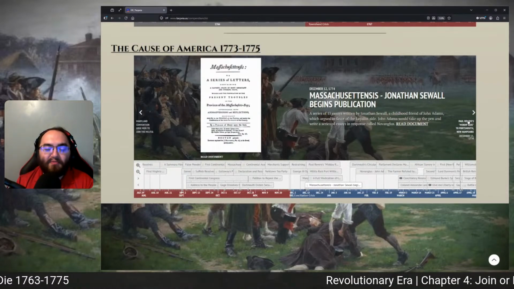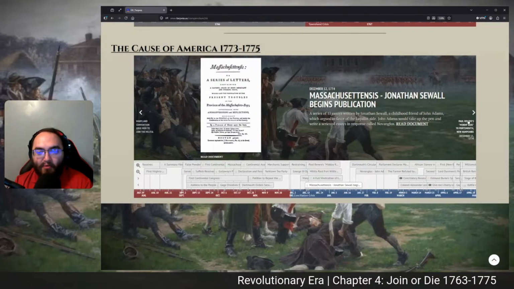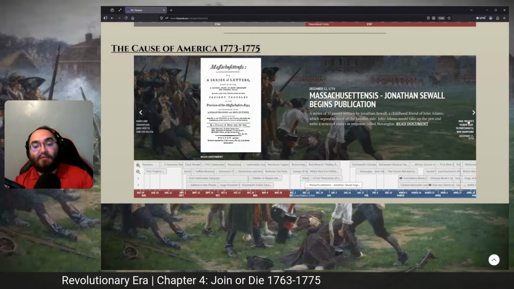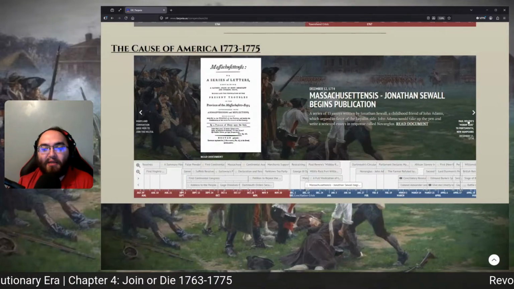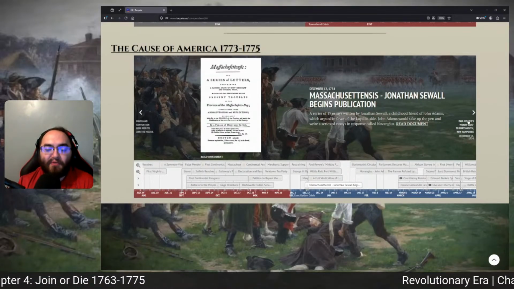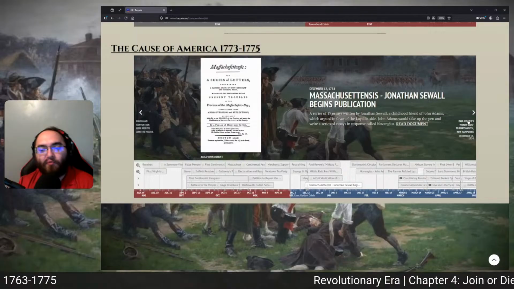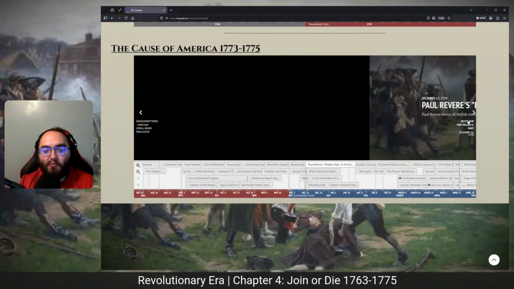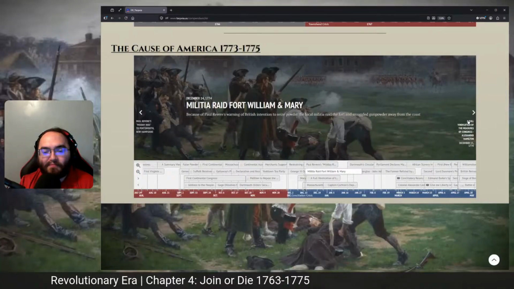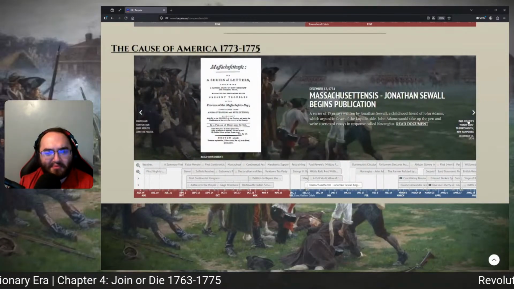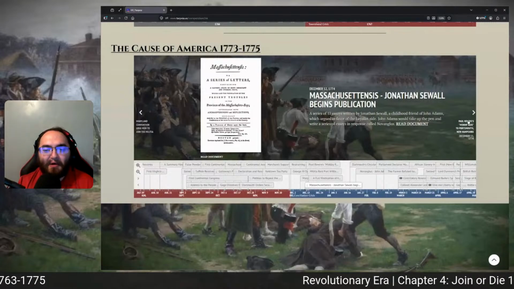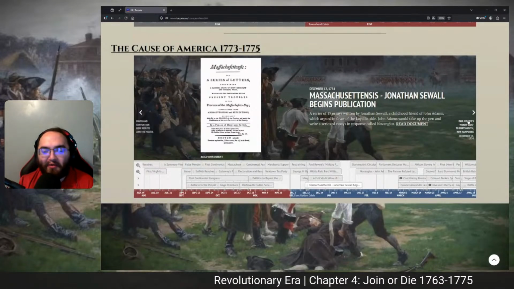A series of 17 essays written by Jonathan Sewall, a childhood friend of John Adams, argued in favor of the Loyalist side, and John Adams would take up the pen and write a series of essays in response called Novanglus. Novanglus just means New England in Latin. And so this interesting debate between these two friends, one a loyalist, one a patriot, about the issues going on in the American colonies.